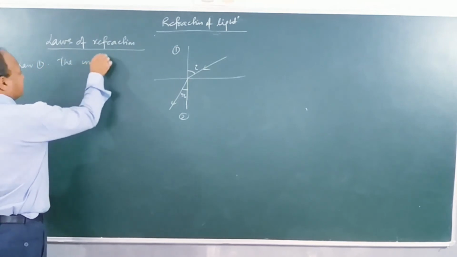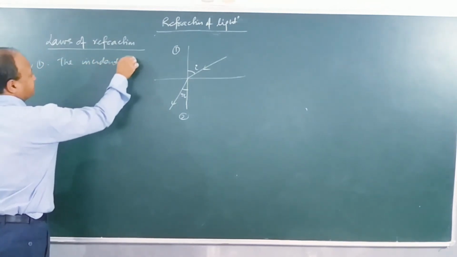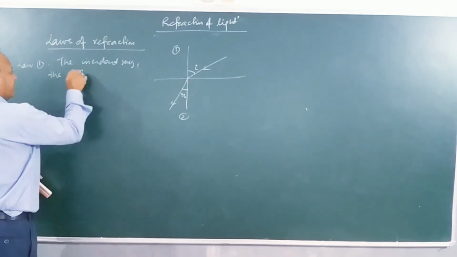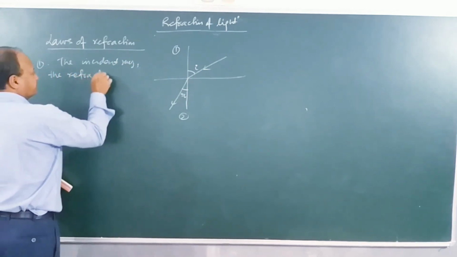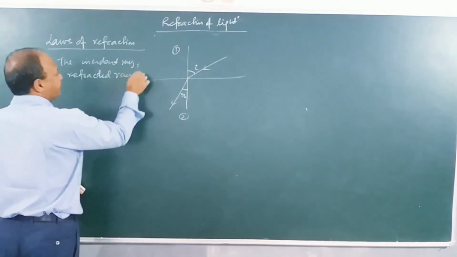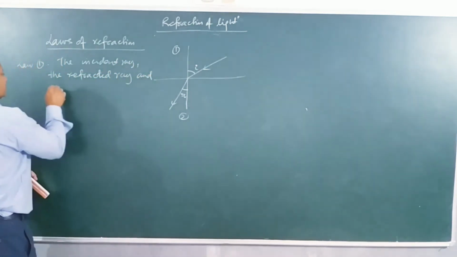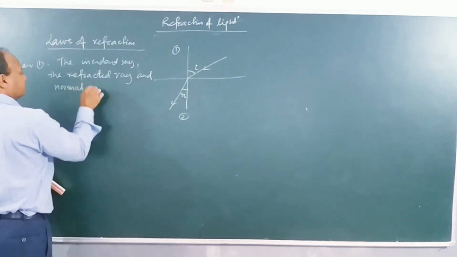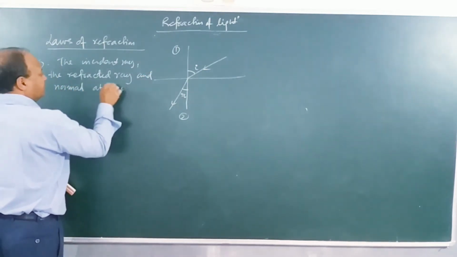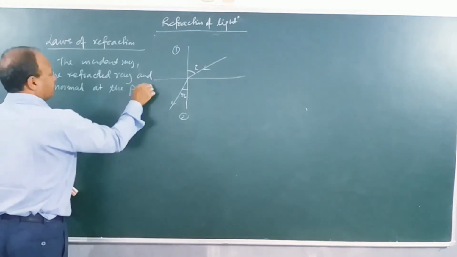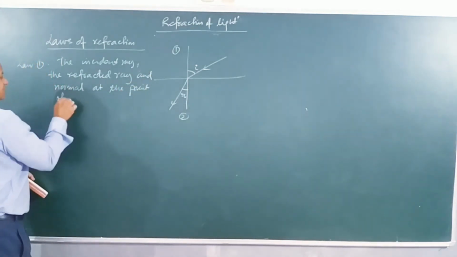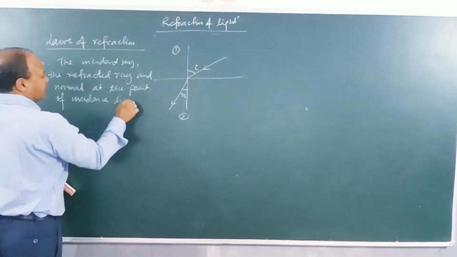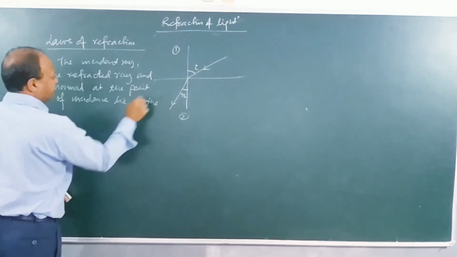The incident ray, the refracted ray, and the normal at the point of incidence lie in the same plane.